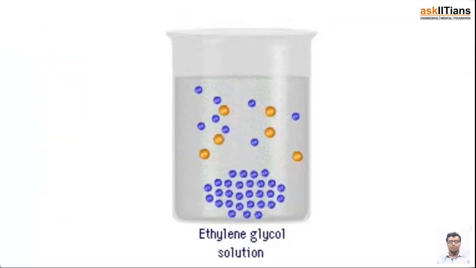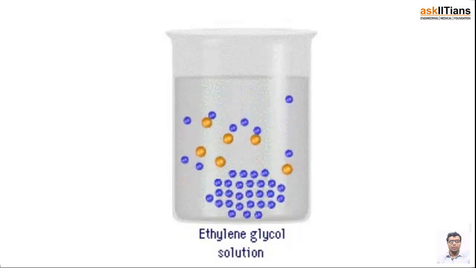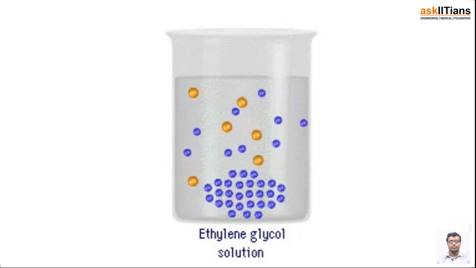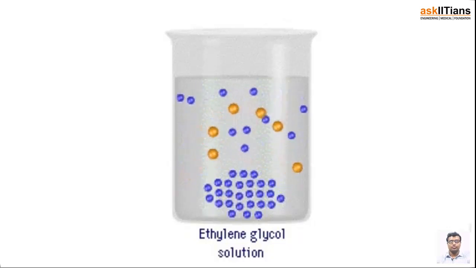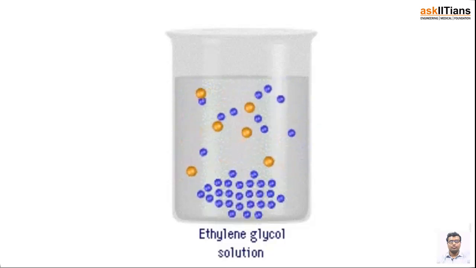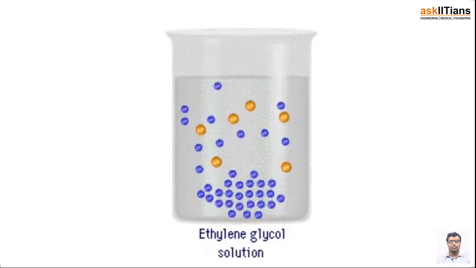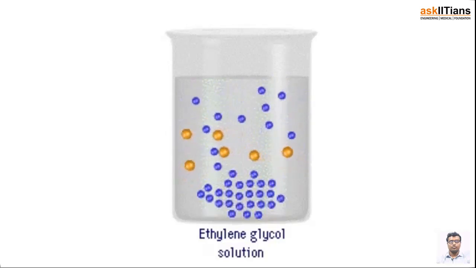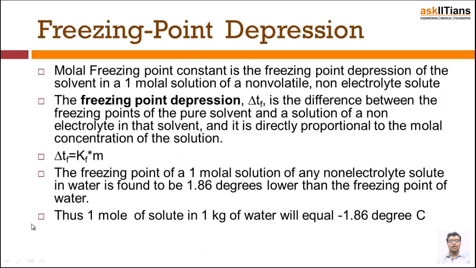Next important concept. Let's go through this animation. So this is a beautiful animation, right? It describes that when you add a non-volatile solute like ethylene glycol to water, there is an effect of freezing point depression.